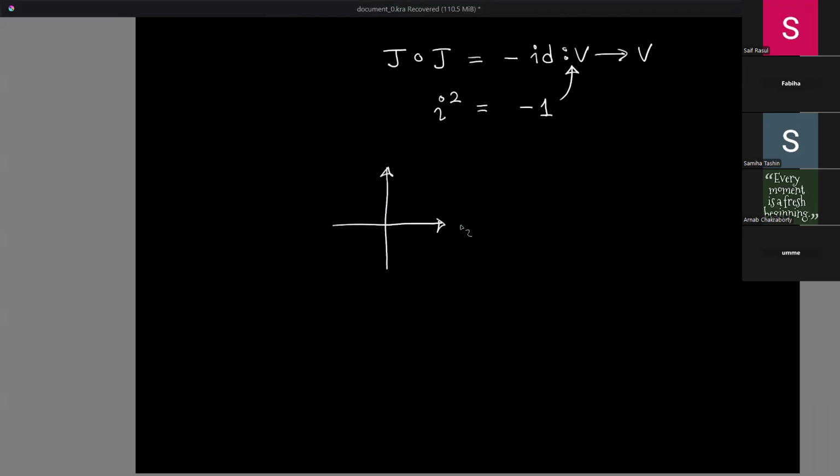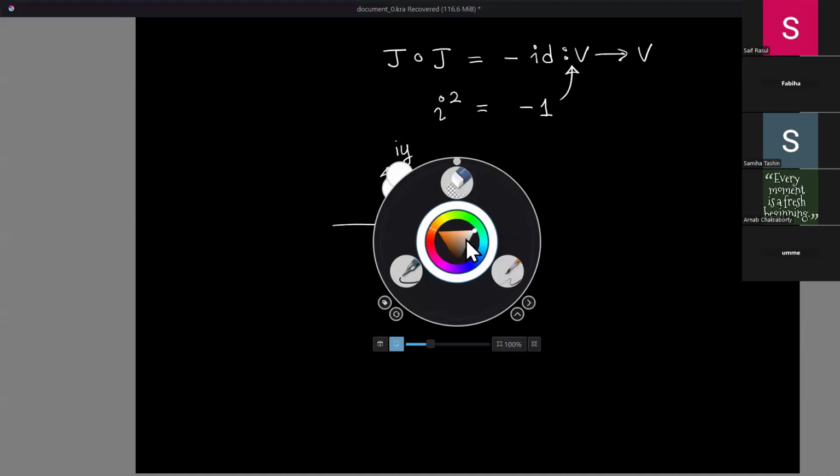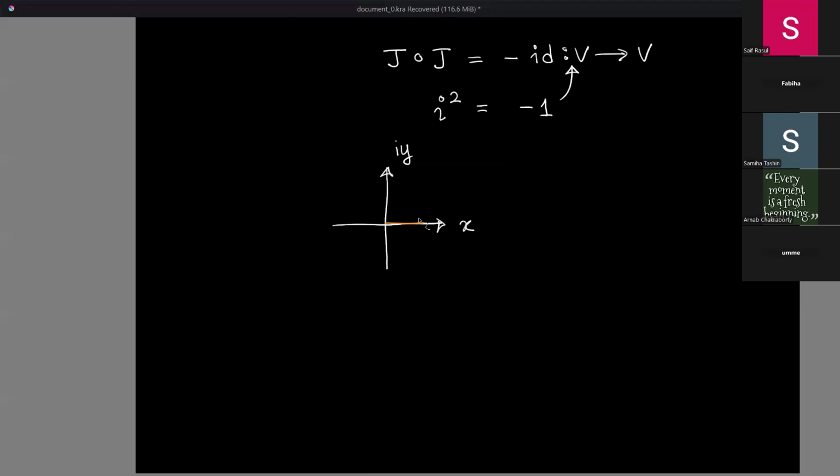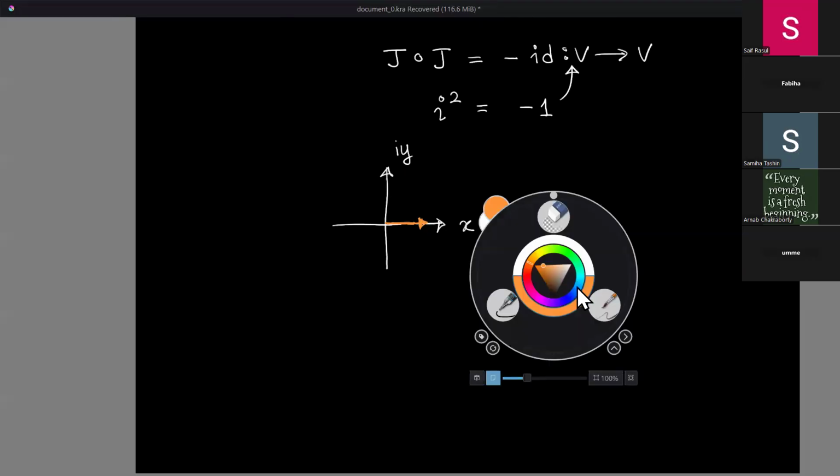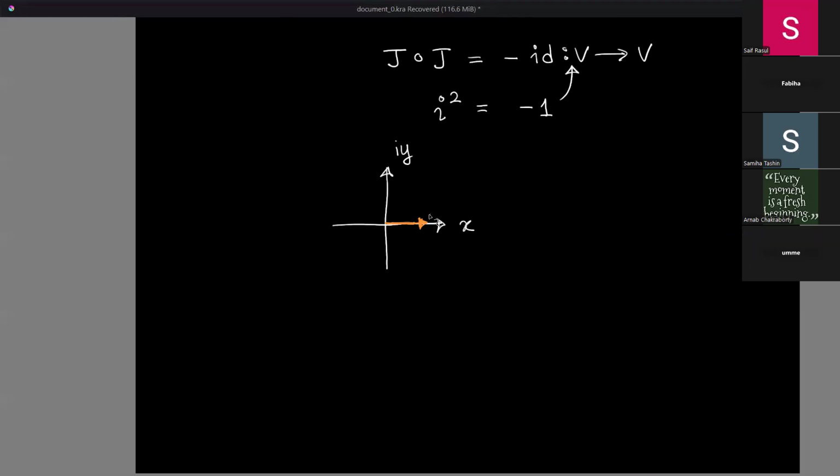So let's say that this is the complex plane. And let's say that I have a vector on this complex plane, like an arrow. If I want to visualize what it means to multiply something by i, then we can see that it's a 90-degree rotation.